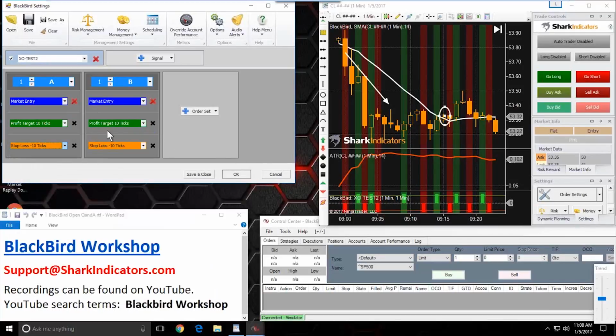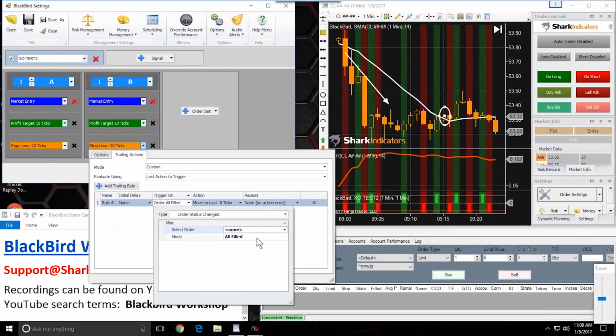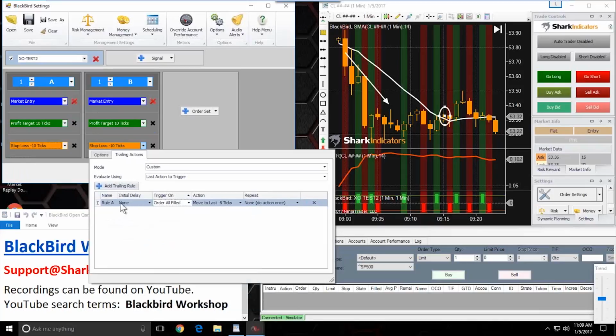Probably something a little more practical would be this. Let's say my profit target for A gets hit. Then I could use that as a trigger to tighten up my stop loss for order B. So order B's stop loss could tighten up when order A's profit target gets hit.